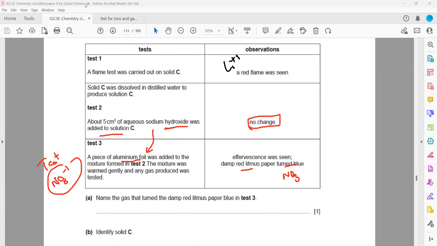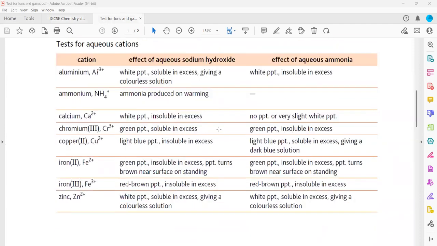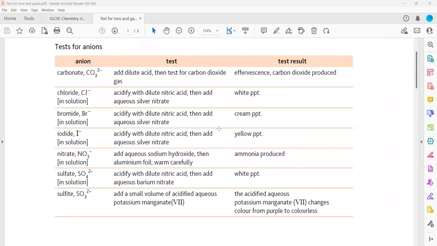If there's a nitrate ion, and we add sodium hydroxide and aluminium foil and warm, ammonia gas will be produced. So this confirmed that the solution contained a nitrate ion.